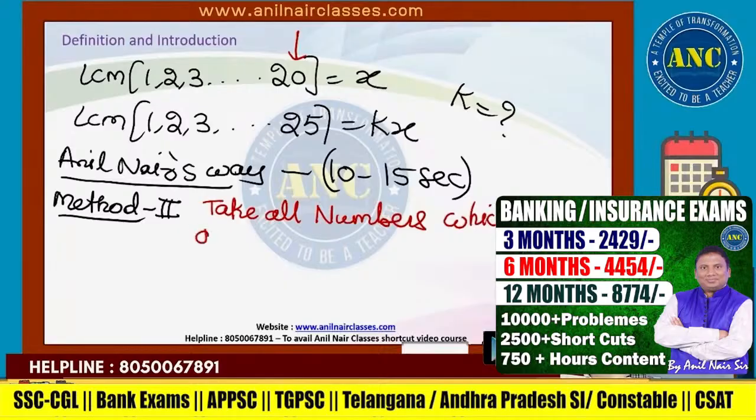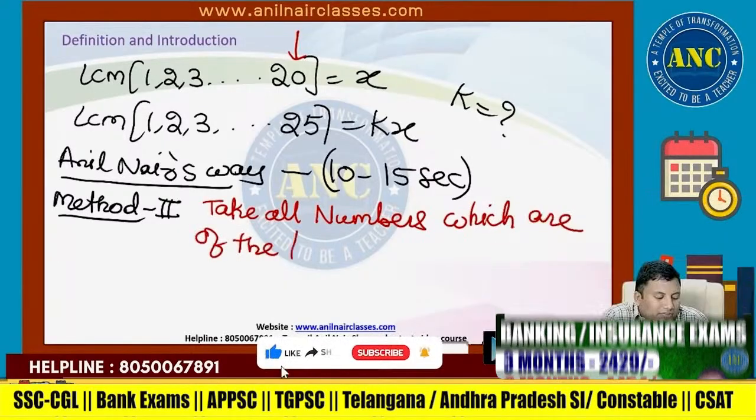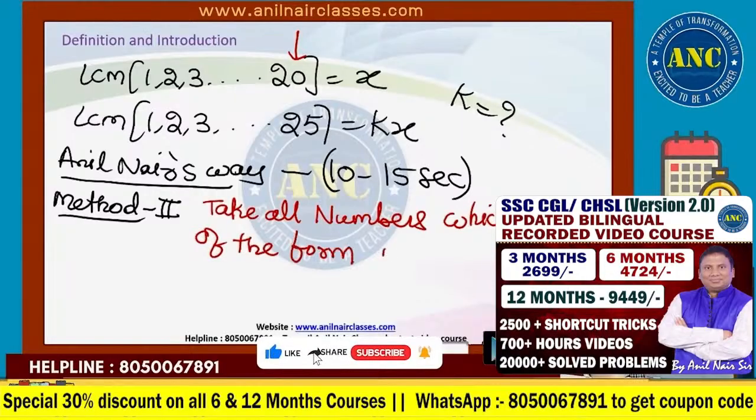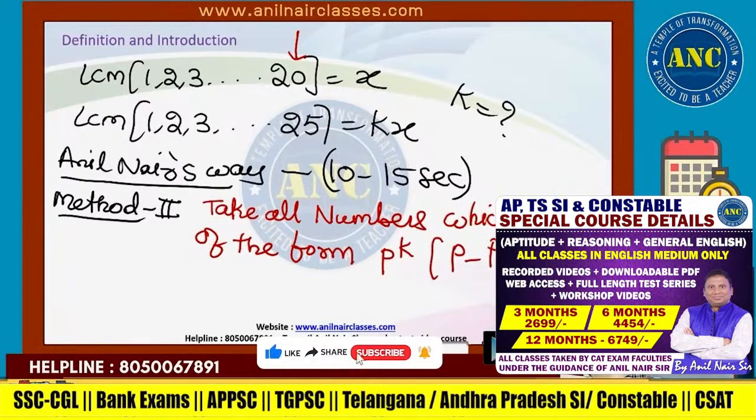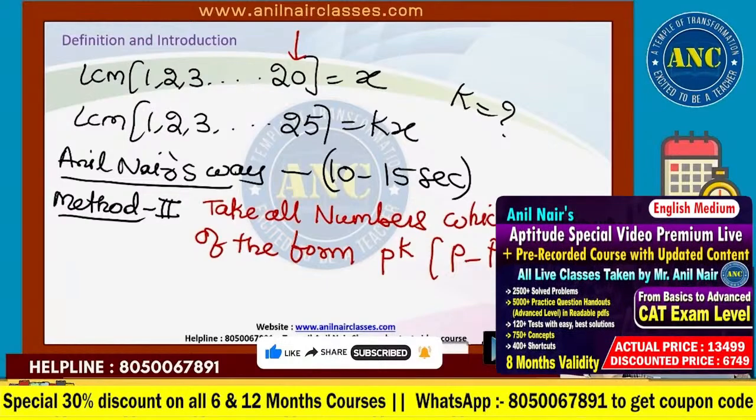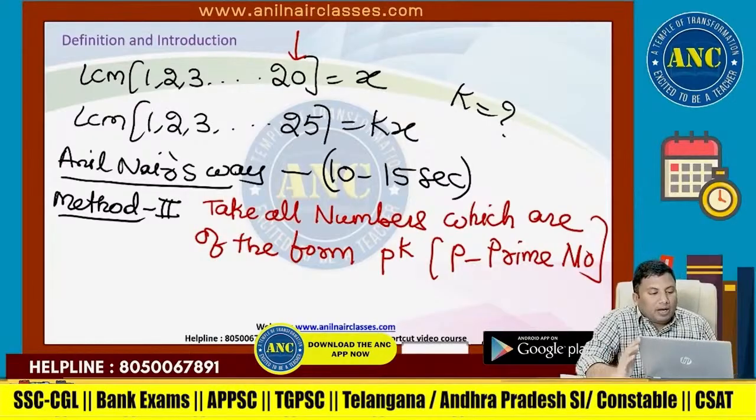Take all the numbers which are of the form p power k, where p is a prime number. Please write down this point.